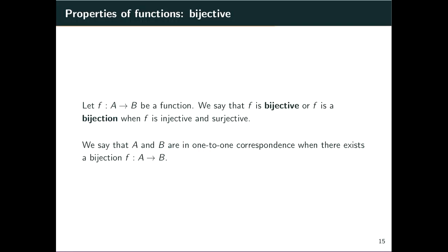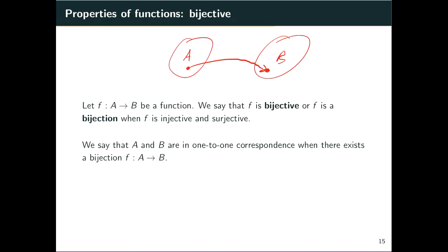The way you can think about a bijective function is if you've got your two sets a and b, then for every element in a, there's a unique element in b that it maps to because it's a function, and for every element in b, there's a unique element in a because it's bijective.